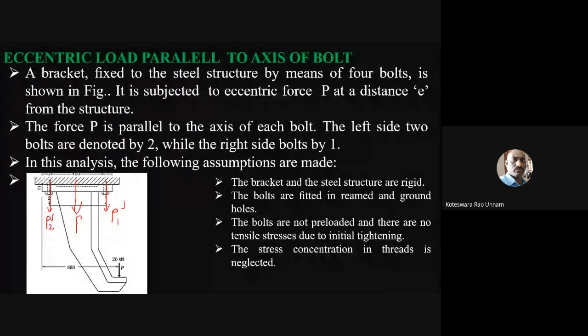The magnitude of P1 dash or P2 dash is the same, and equal to P divided by N, where N is the number of bolts. Here the total number of bolts is 4, so you have to take P by 4. Suppose you have a number of bolts other than 4, then take that total number of bolts. So don't consider the number of sets here. Whenever you calculate the effect of direct force, always consider the total number of bolts.